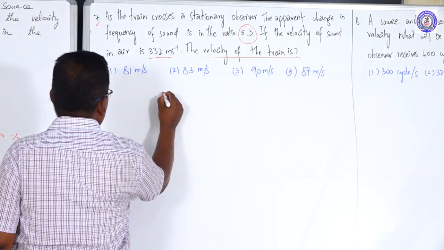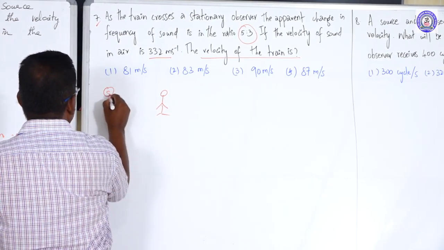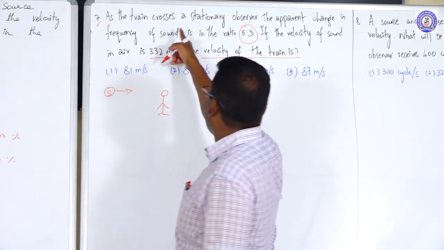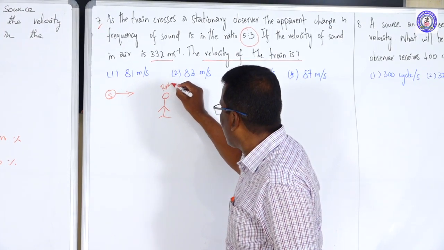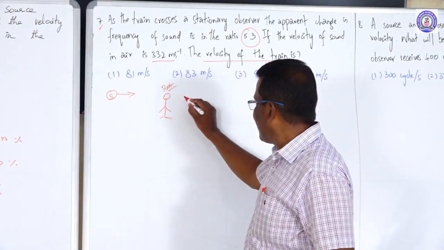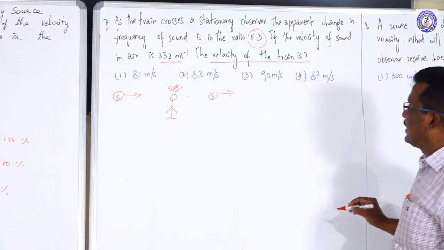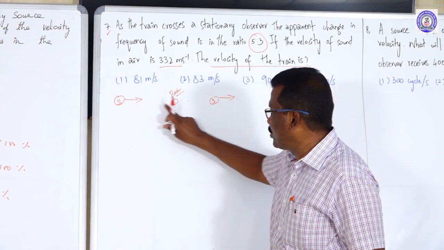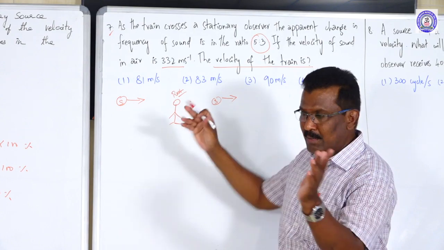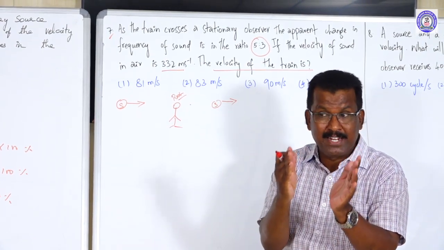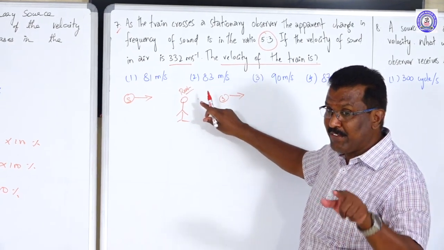The observer is at rest on the platform and the train, the source, moves towards him and then crosses him. When the source approaches him, the apparent frequency increases, because they move towards each other. When the train crosses him, the apparent frequency decreases.